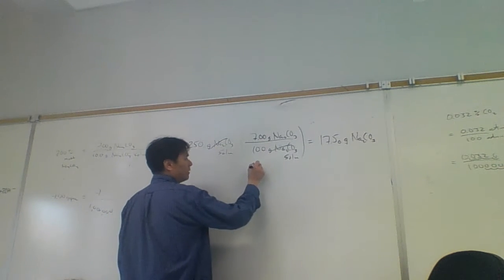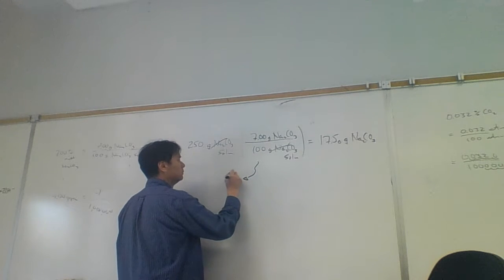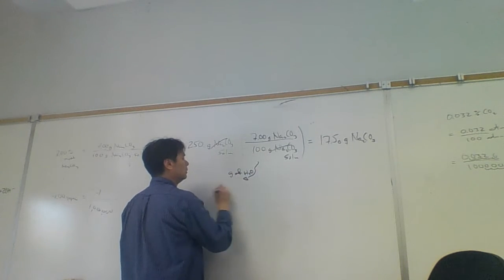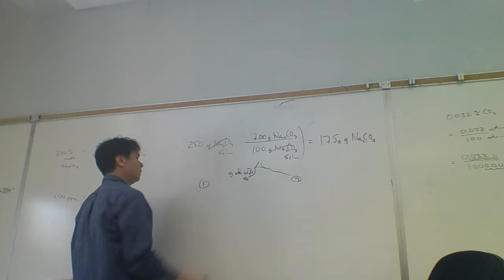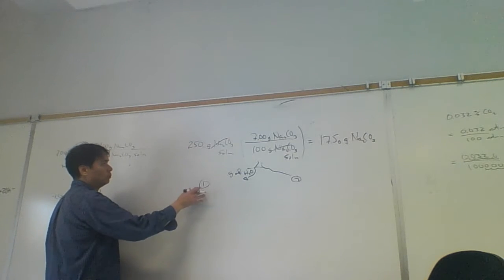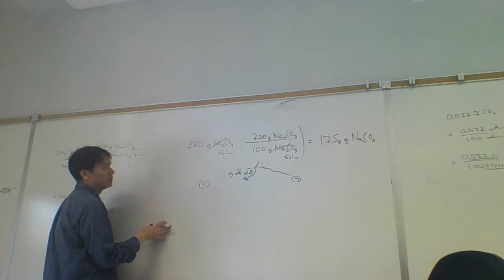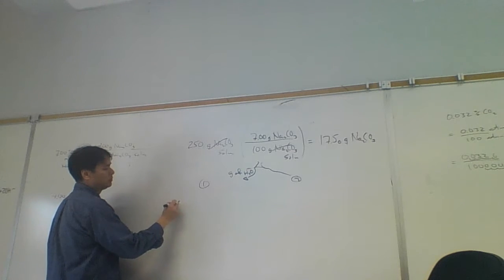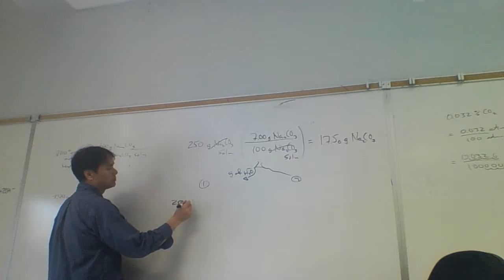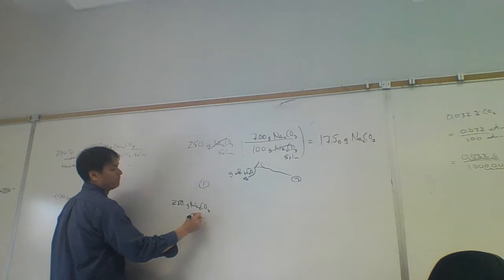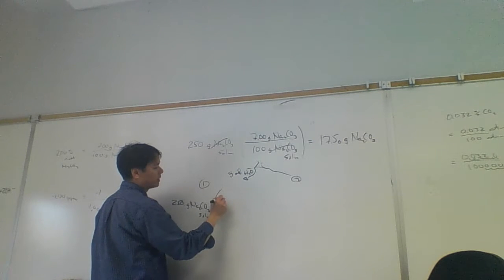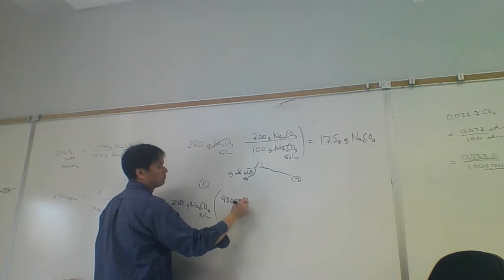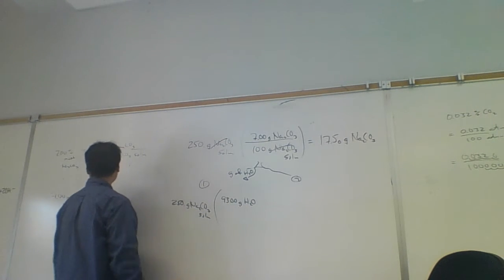Now, for the grams of water, we have 2 ways of doing it. Way 1: if I have 250 grams of sodium carbonate solution, then I know that if it's 7% sodium carbonate, it's got to be 93% water, because it has to add up to 100%.